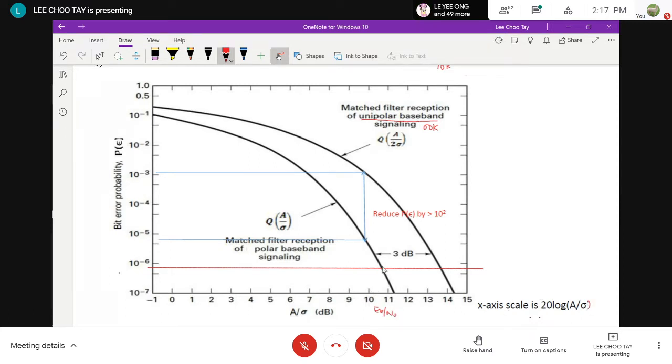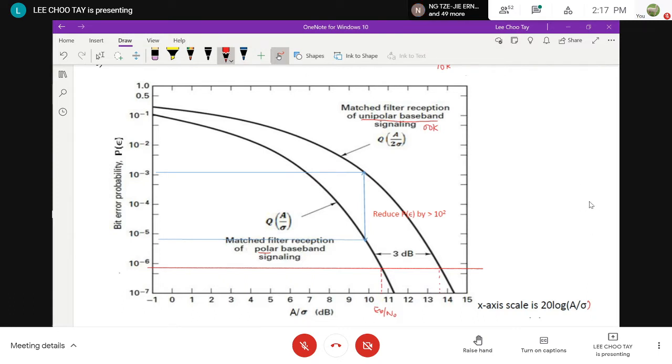You see that for polar signaling, it is about 10.6. This is 11, this is 10.5, somewhere there. And this one gives you about 13.6, if you draw the line a bit further up. So that actually jives with our calculation.